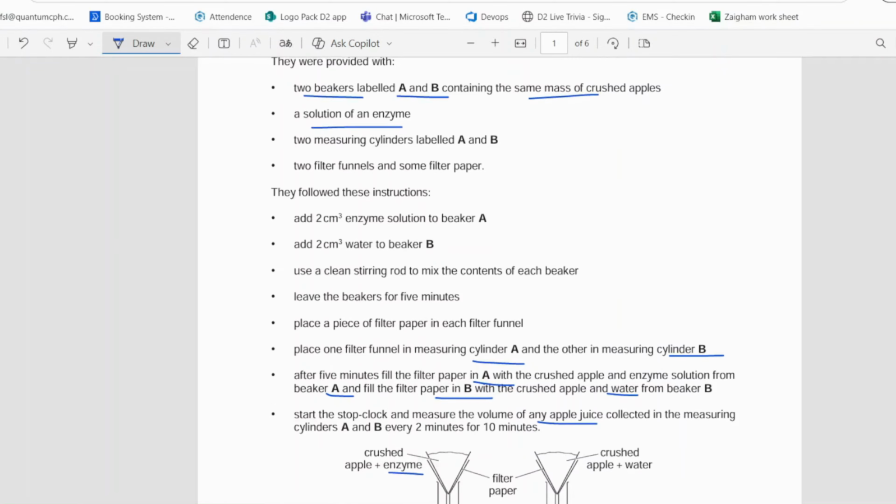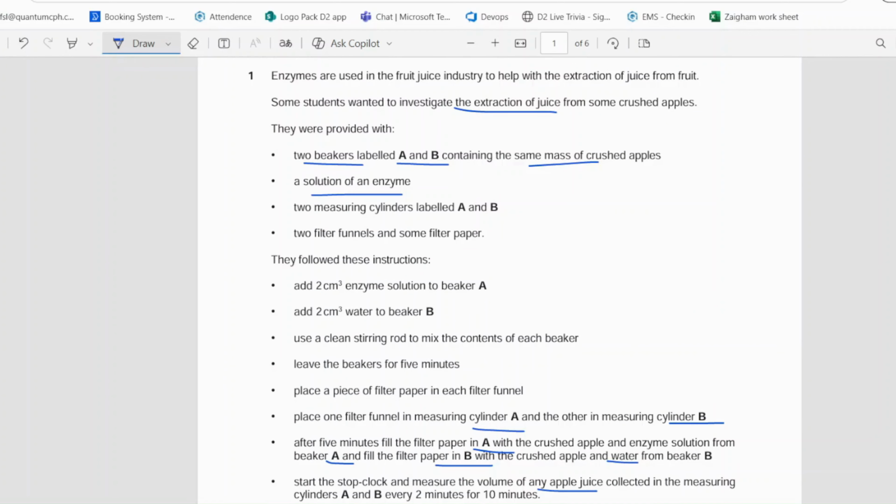So I'm just rephrasing it. First of all, the different varieties of apples are tested for the enzyme activity. We take the same mass of crushed apple.